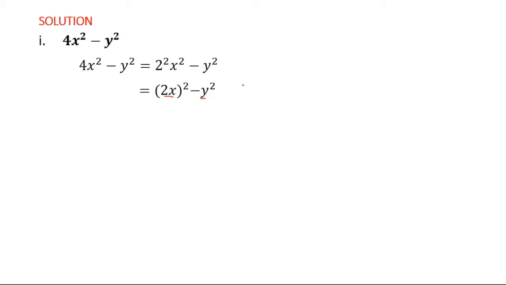So in this case, x has now been 2x and y is y. Remember, we said the principle of difference of two squares is that x squared minus y squared is the same as the first term, which is x, plus the second term, which is y, then you open another bracket, the first term, which is x, minus the second term, which is y.